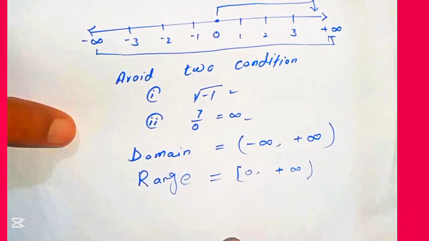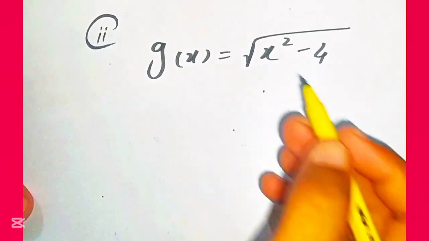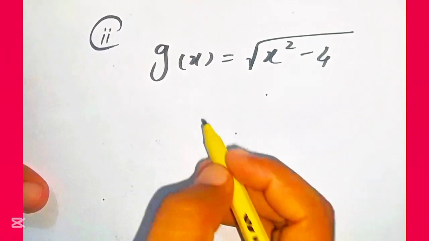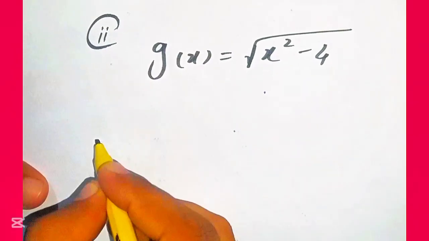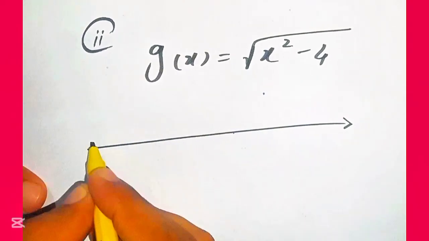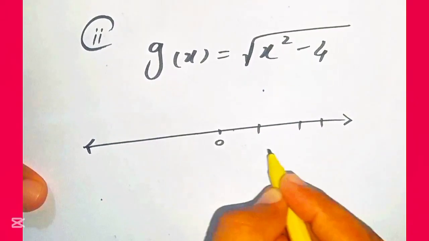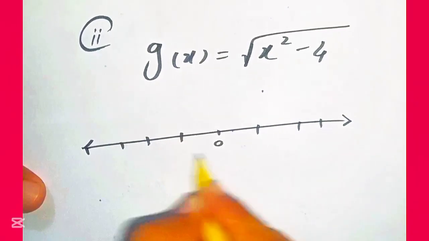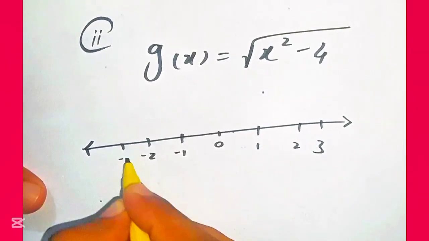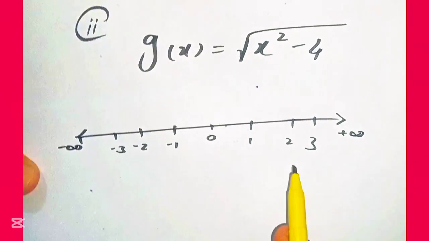Now we find our second function, in which there is a square root of 4 minus x power 2. Here we draw a number line to find the domain. If we draw a number line with 0, 1, 2, 3, positive and negative, and minus infinity to plus infinity.